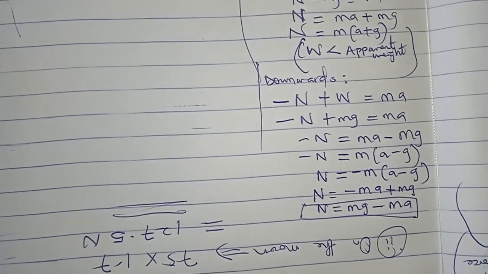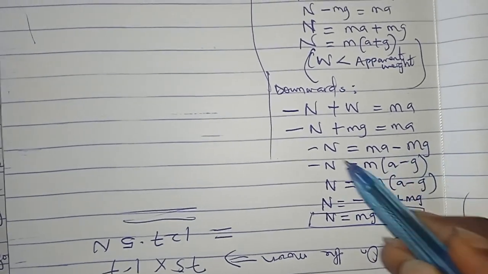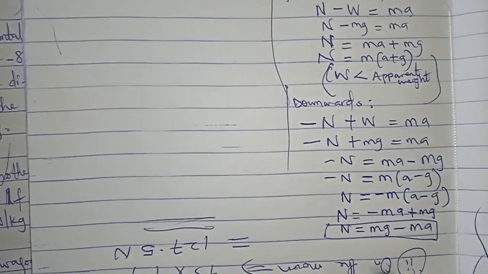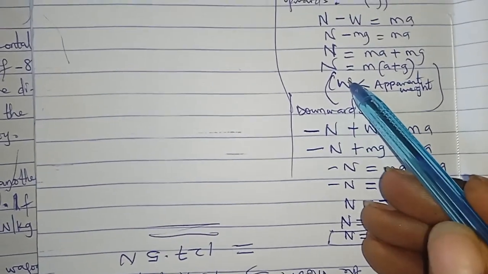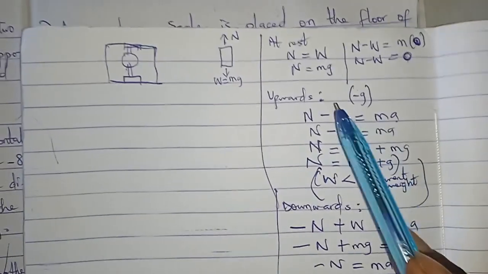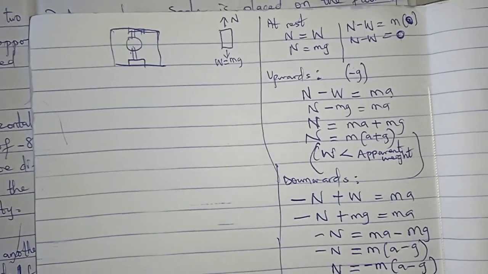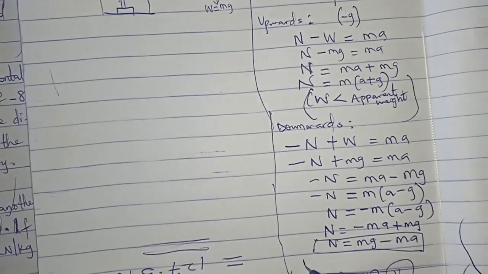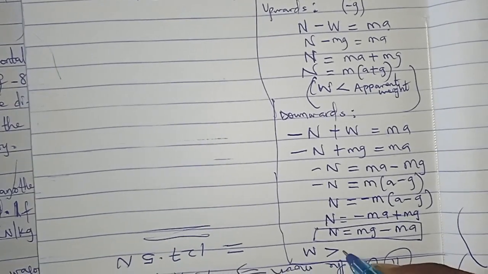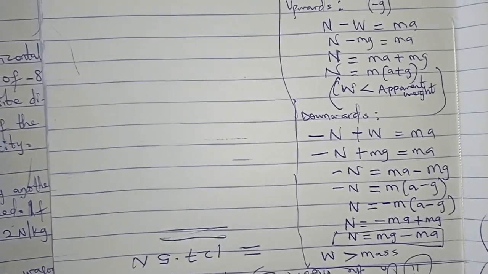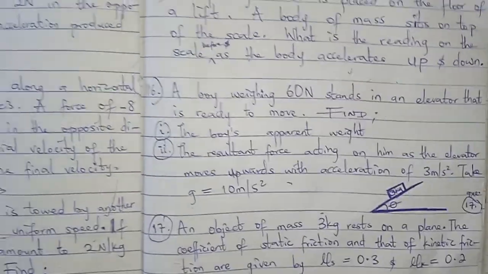Whichever way you want to remember it, for downwards, for upwards, and at rest. So that means that when it's coming down, weight is greater than mass. All right, that's what they want you to check there.